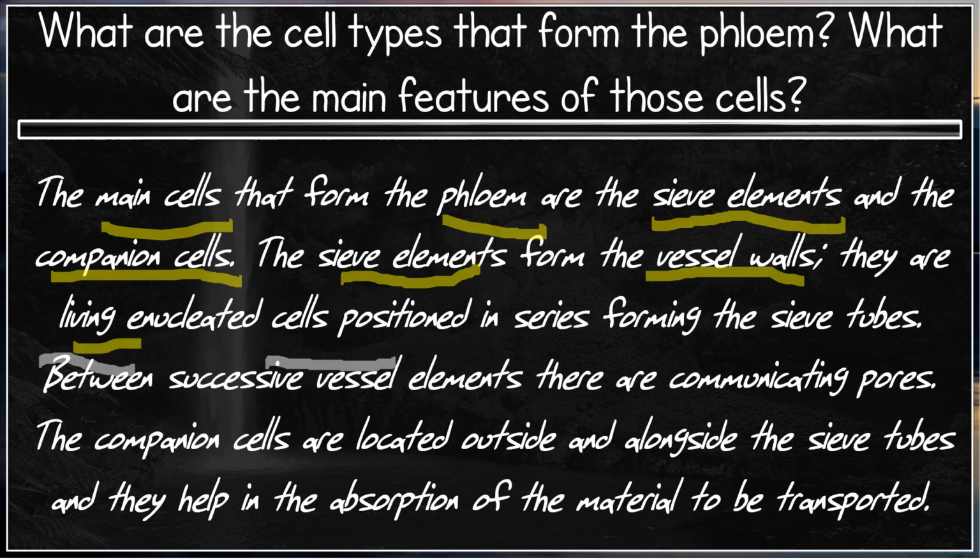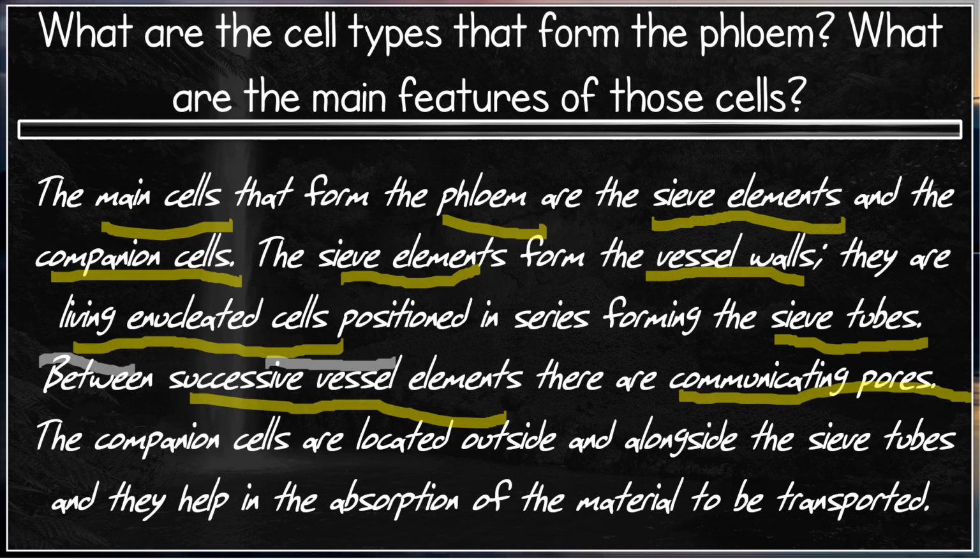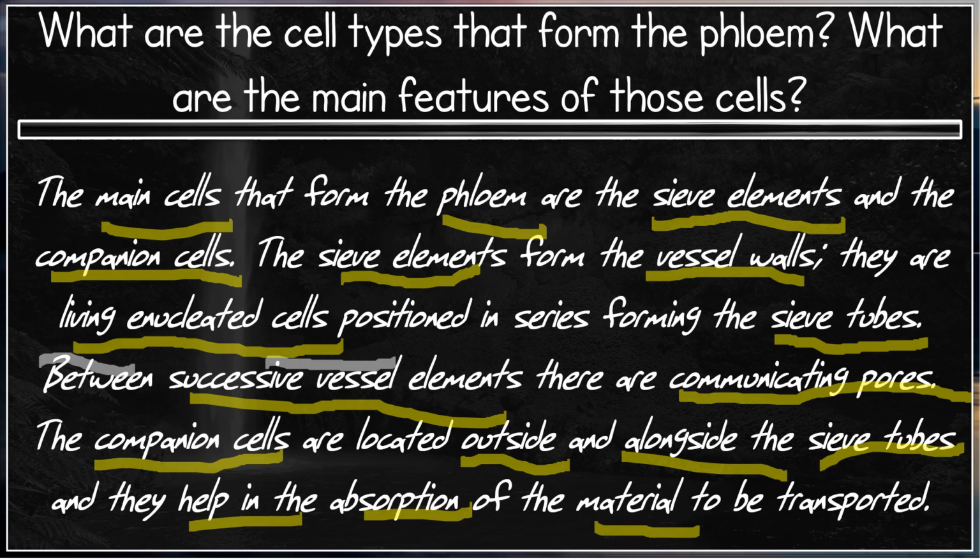They are living enucleated cells positioned in a row forming sieve tubes. Between successive sieve elements, there are communicating pores. The companion cells are located outside and alongside the sieve tubes. They help in the absorption of material to be transported.